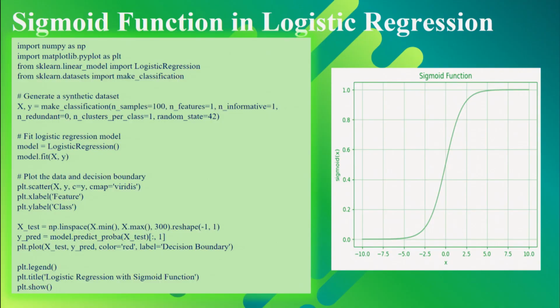Now, moving on, how this can be applied, where we will apply the sigmoid function in logistic regression. One more example is considered here. Again, some of the input libraries have been imported, the NumPy library, the matplotlib library, and we have taken the logistic regression and make_classification libraries for the data sets.